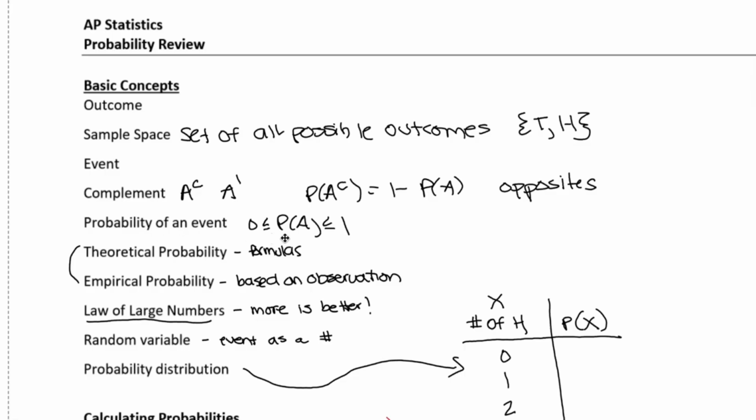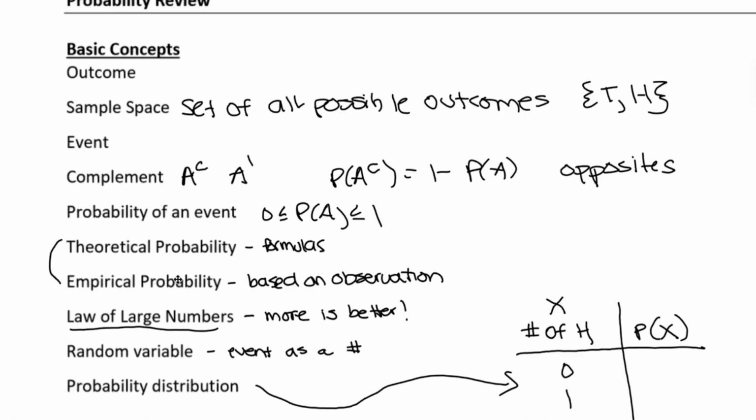The probability of an event, remember, will always be between 0 and 1. It can be 0 and it can be 1. In those 2 extreme cases, it's either going to 100% occur or it's never going to occur. But in most cases, it will lie between these 2 numbers, and it can never exceed 1 or be negative.